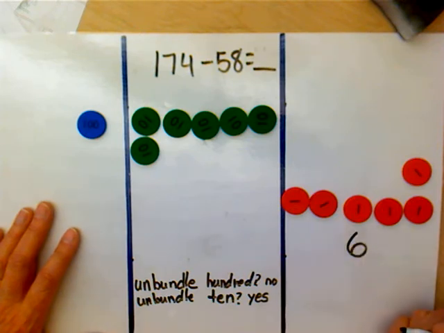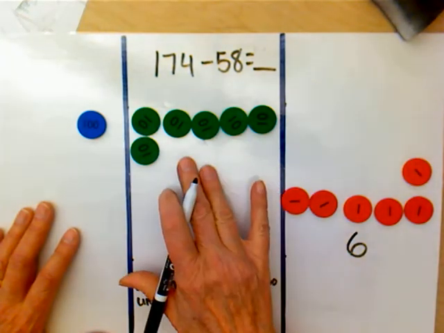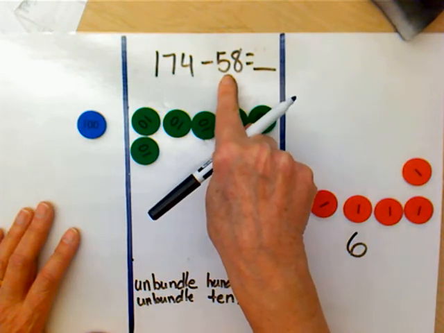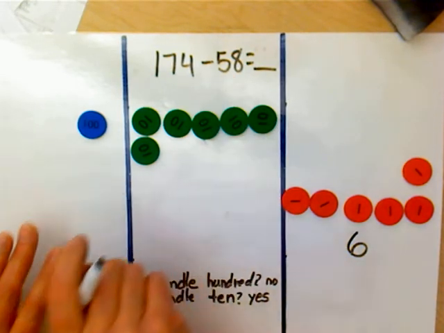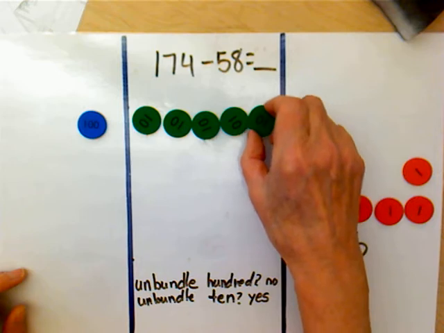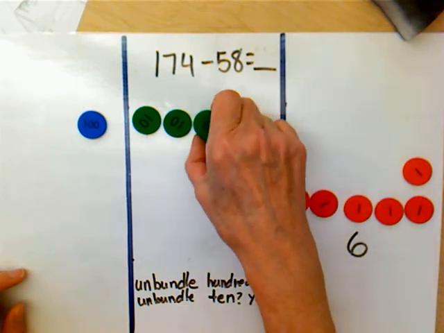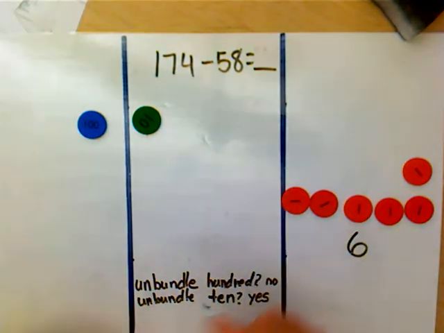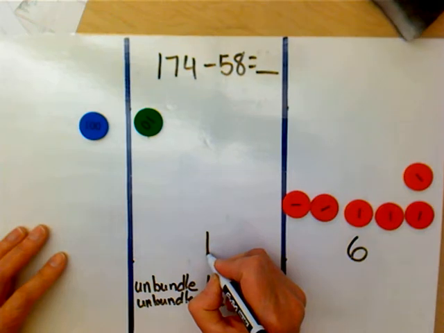Okay, so there's my 6 ones. And now I'm coming over to my tens. I'm going to be taking 5 tens away from 6 tens. Here we go. 1, 2, 3, 4, 5. And that leaves me with 1 ten.